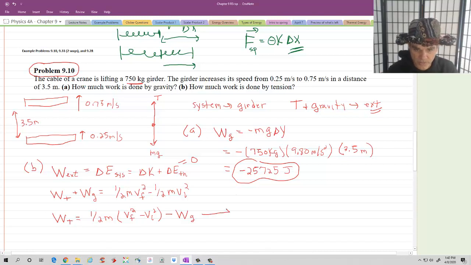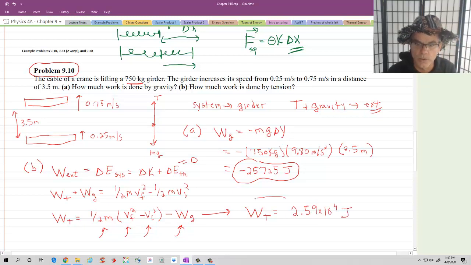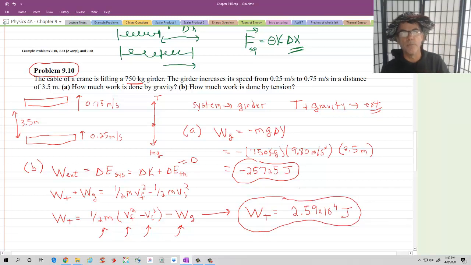Let me just skip the step of writing out all the numbers, but once you plug in the mass, the final speed, the initial speed, and the work done by gravity, what you'll find is that the work done by tension is 2.59 times 10 to the 4 joules. So that is our answer to part B.